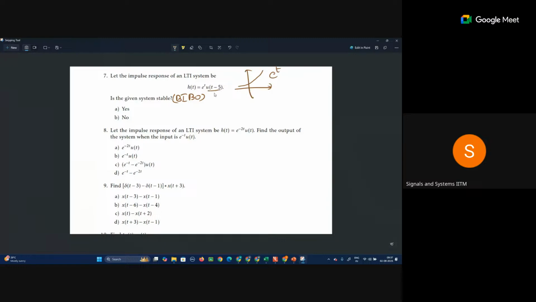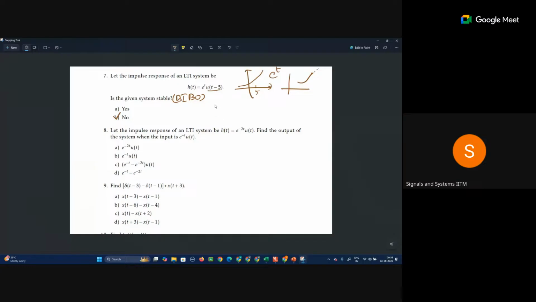Here they have multiplied with u(t minus 5), so the signal will be starting at 5. The resulting signal will be going till infinity, so the output is going to infinity. So it will be an unstable system. Am I clear?